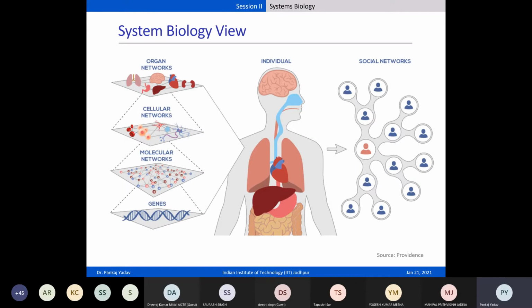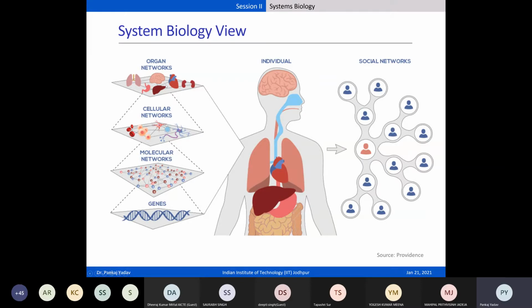So we know that our human body basically is composed of, or we can think of it as, a whole system, and we can also have systems at different levels. So, for example, we can have a network of organs, right? We can have organs that are connected to each other.